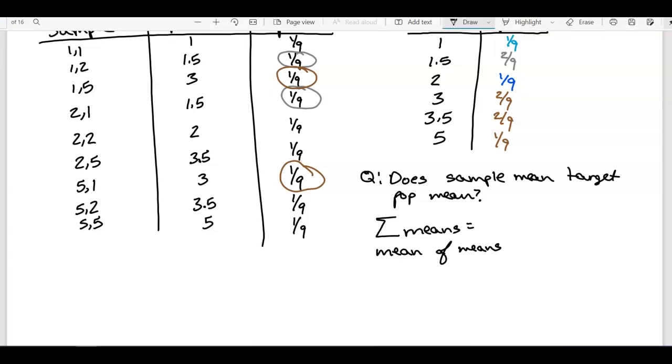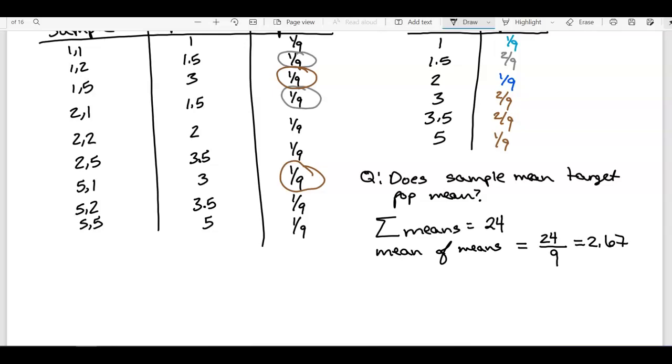And when I did that, I ended up with a 24. Now we want to find the mean of those means. To find the mean, we add everything up and we divide by how many numbers we had. So if we add everything up, we get 24. And we added 9 numbers. So the mean of the means is 2.67.